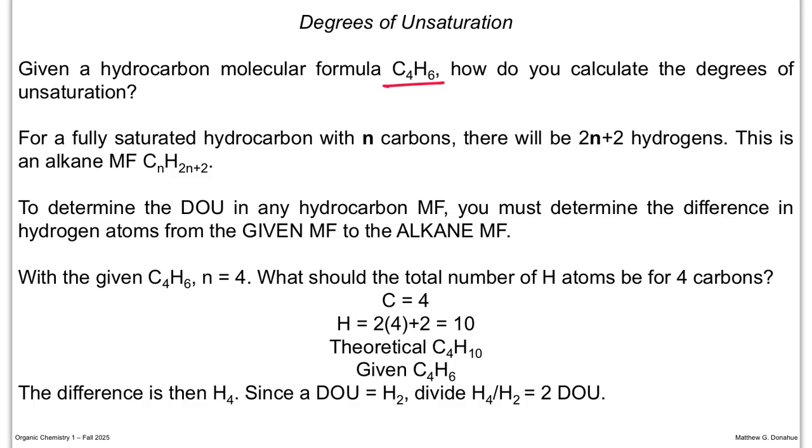So we have N equals 4 from the molecular formula. And we have to figure out, for 4 carbons, what is the maximum number of hydrogens there should be? So 2 times 4 is 8, plus 2 is 10. So for 4 carbons, there should be 10 hydrogens total.